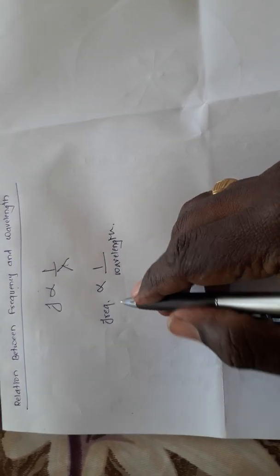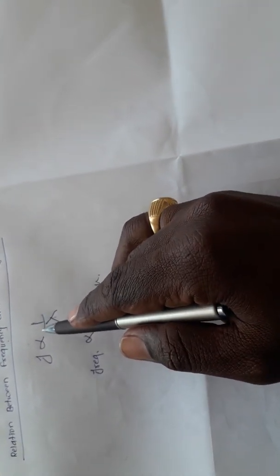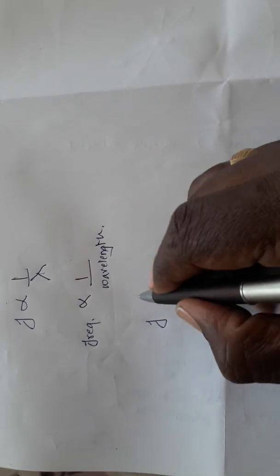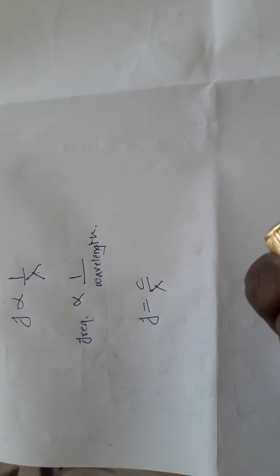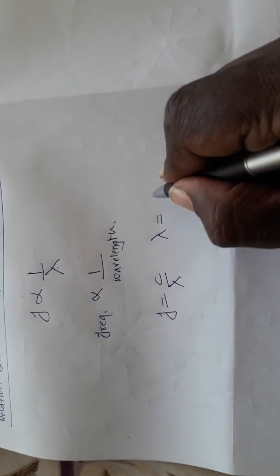Now to calculate the exact frequency and wavelength relation, we must introduce a proportionality constant. So we can write the equation for frequency as f is equal to c by lambda, right? Or we can also say that lambda is equal to c by f.